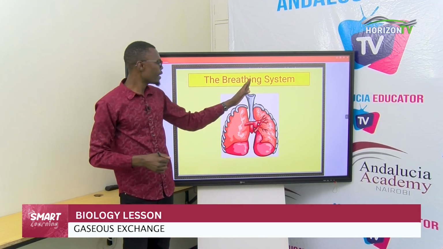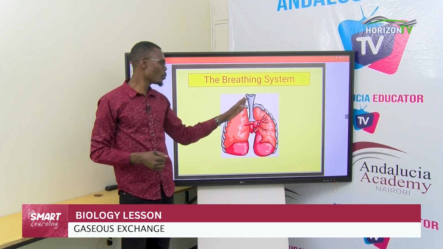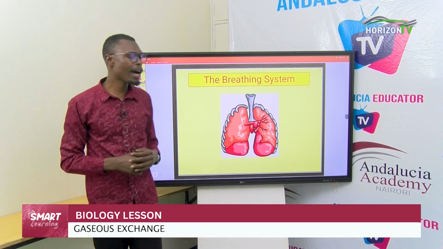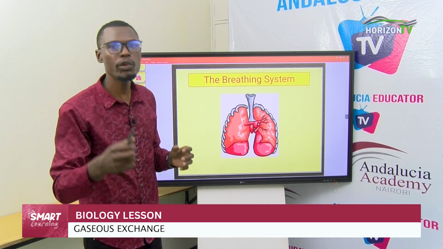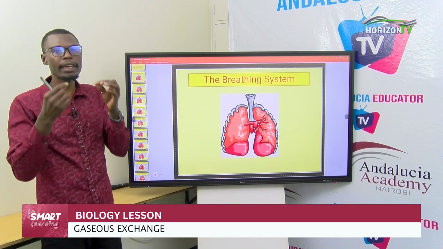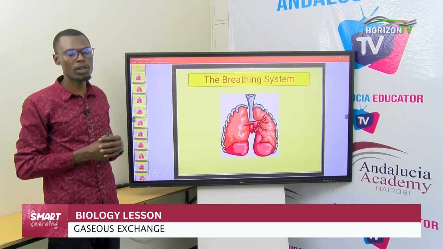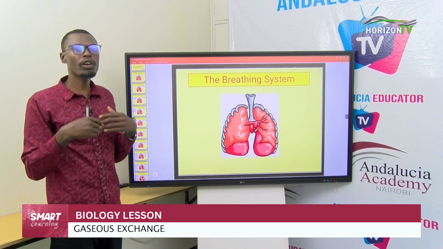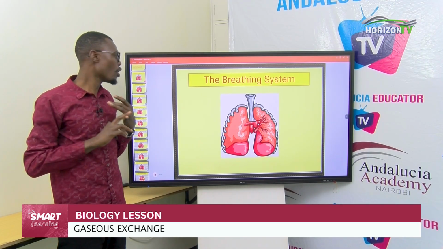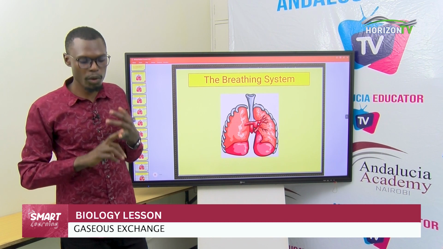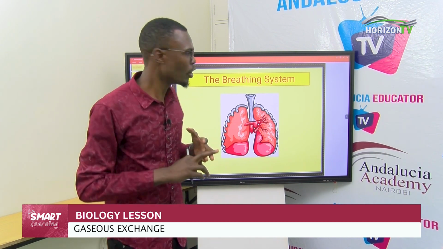We have a tube which directly comes from the nostril. When you inhale, or when you take in gases, because during breathing you breathe in all the gases: oxygen, carbon dioxide, nitrogen.